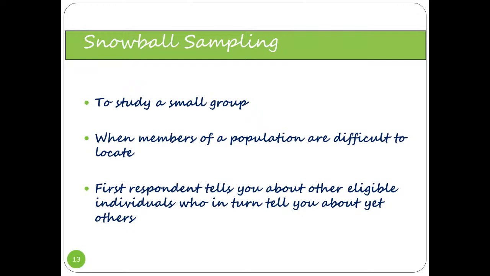So snowball sampling is nothing but, say you are doing a study on transgender, MSM, or on youth who are under the influence of drugs. All this population are rare population. You cannot, even if you calculate it to be 100 or 200, find them.